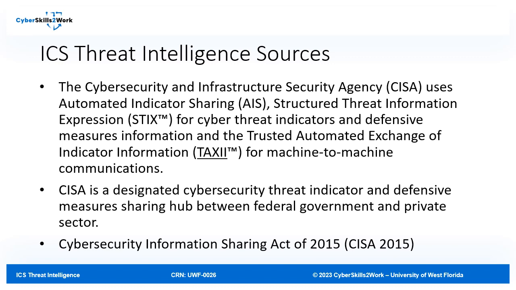AIS helps to protect the participants of the service and ultimately reduce the prevalence of cyber attacks. As mandated by the Cybersecurity Information Sharing Act of 2015, the Department certified the operability of AIS in March of 2016 and released guidance to help non-federal entities share cyber threat indicators with the federal government.